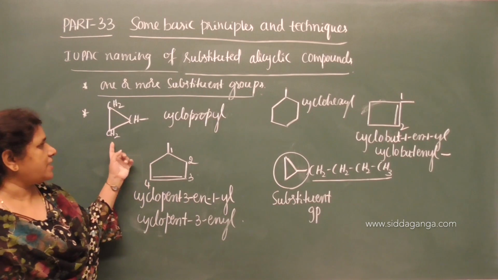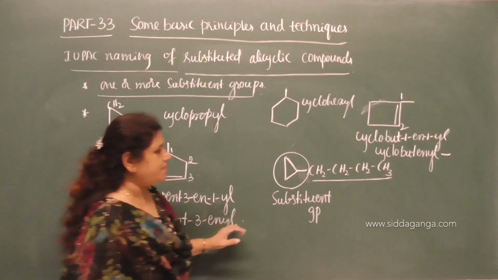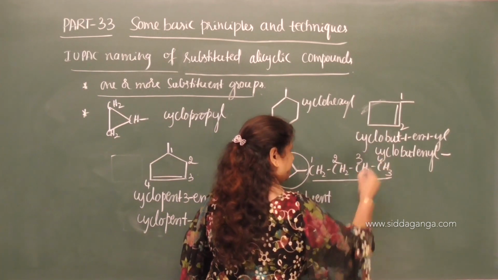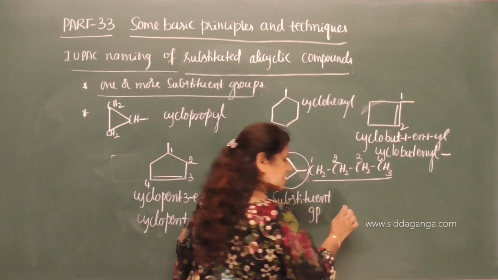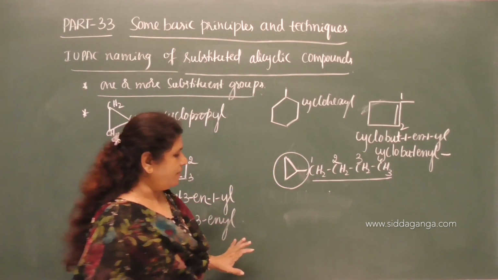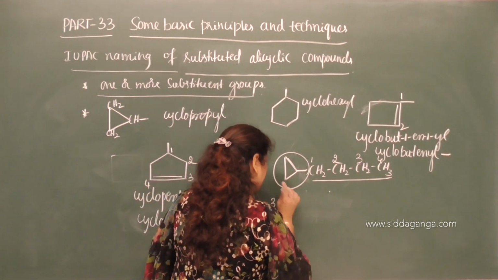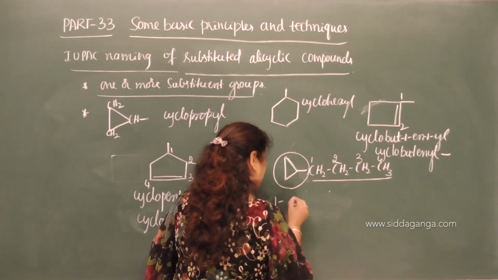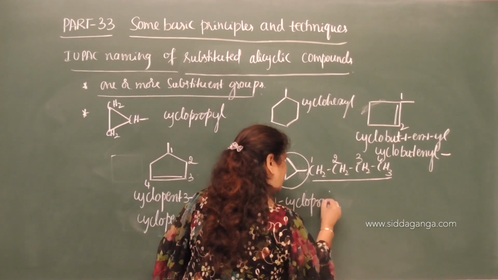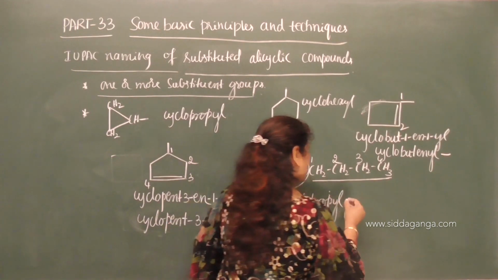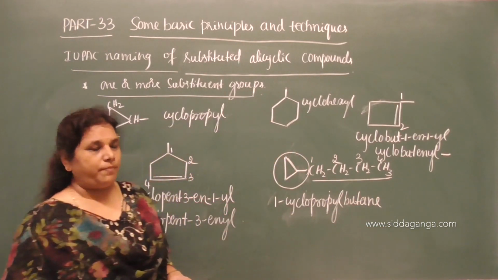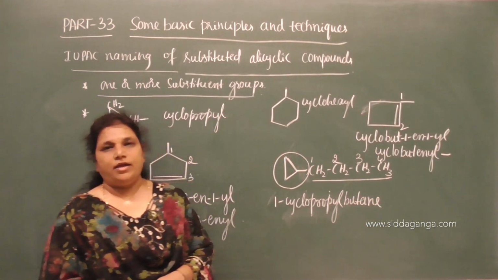What is the prefix? Cyclopropyl. What is the position? Position is this: 1, 2, 3, 4. Then what is the name? This becomes a substituent group now. Give the locant for the substituent group, that is 1. On the first carbon we have a substituent group called cyclopropyl, butane. Cyclopropylbutane is the IUPAC name for this.